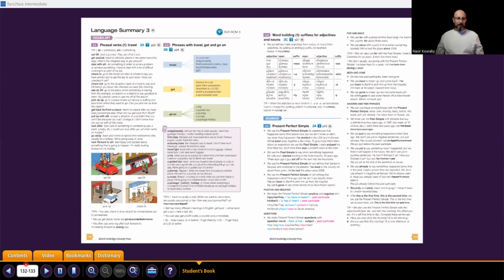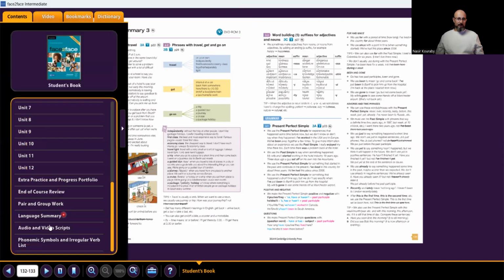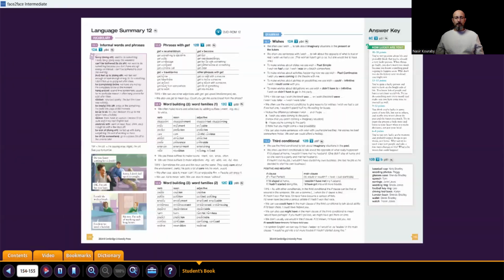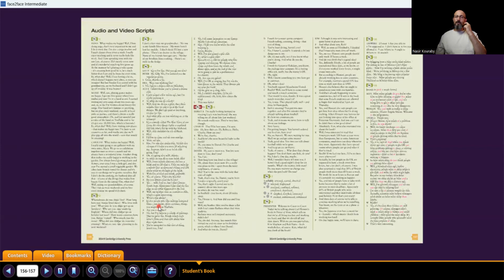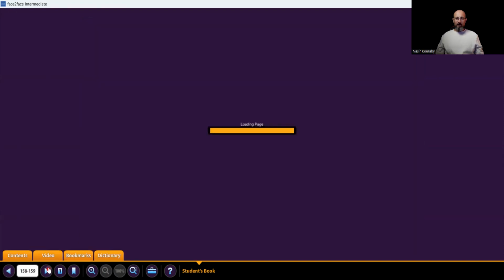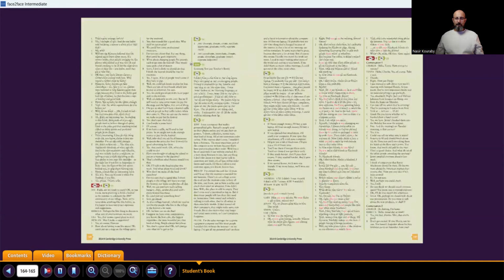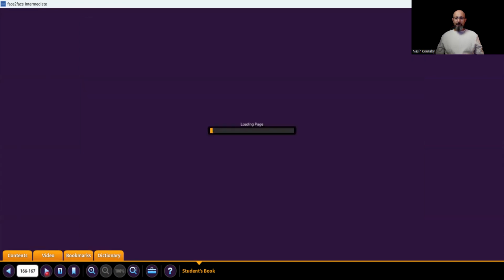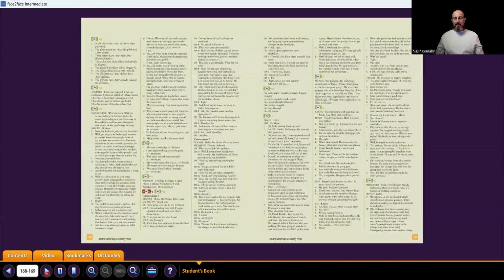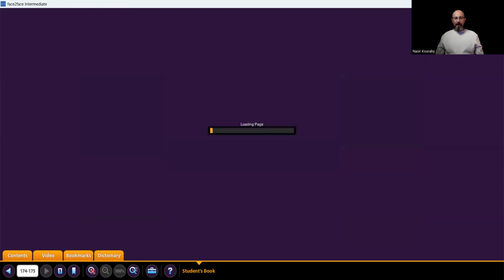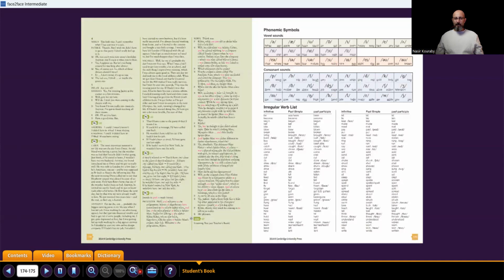After that, at the end of the book, let's go to the audio. You will have everything you listen to or the videos that you watch. You find the scripts at the end of the book, the green pages. After the green pages, we will have the last page here.